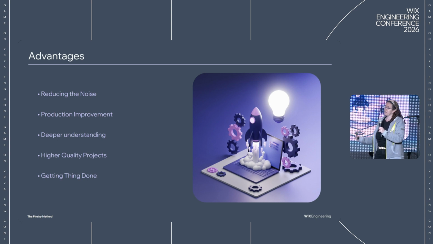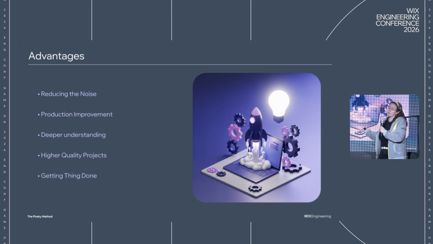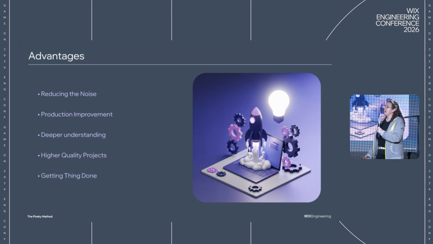And we have deeper understanding of production, but also of our system, because you get to do all those engineering excellence tasks, which makes you touch different areas of the code and improve them, so everybody has deeper understanding of our code. And our quality has improved a lot, and we feel like we're getting a lot more things done.